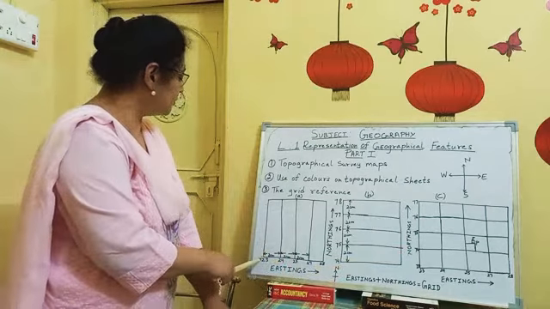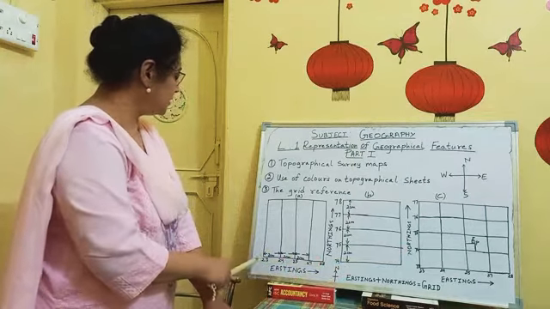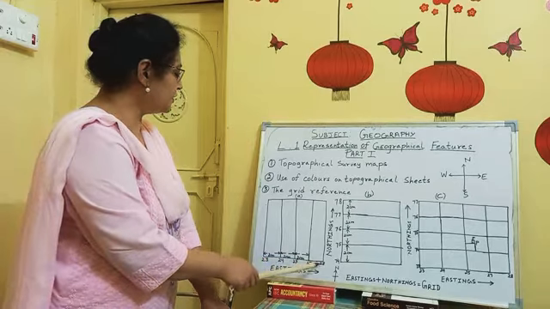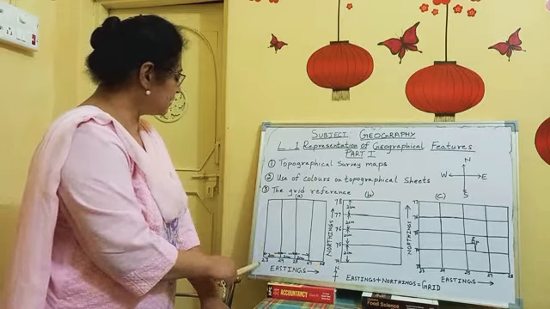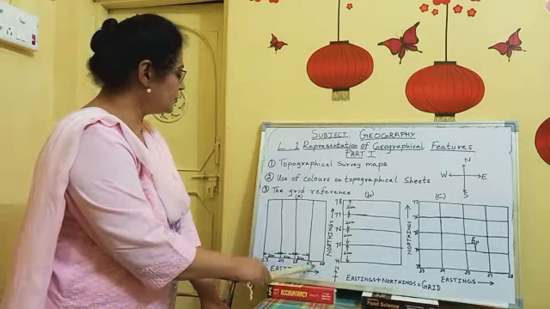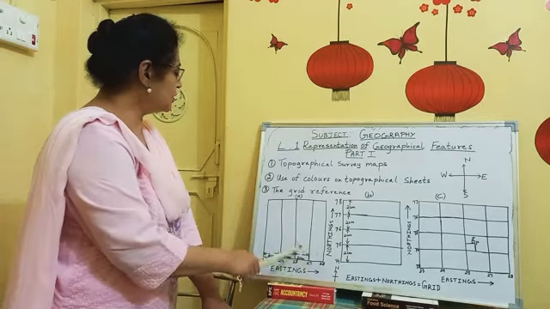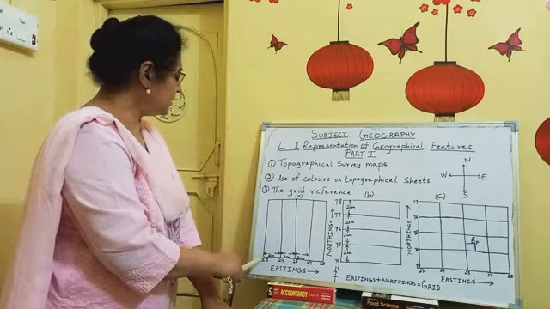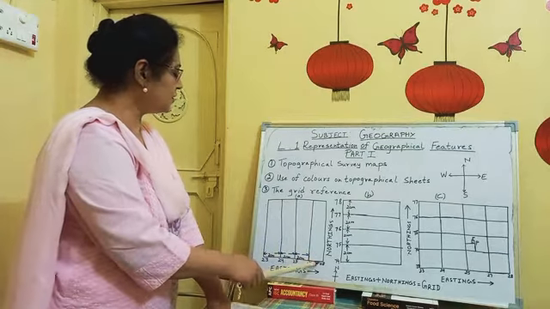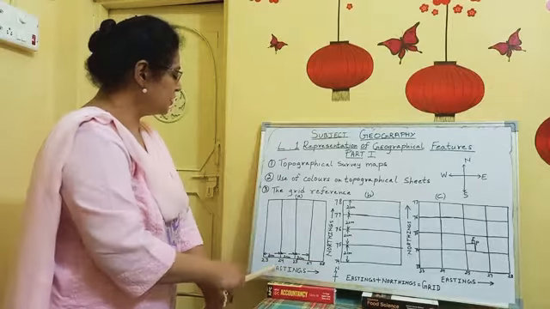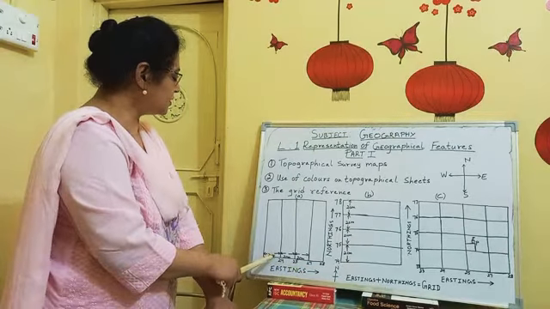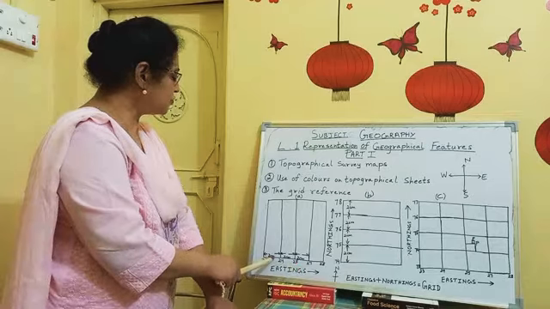The numbers you can see are 23, 24, 25, 27 and then 28. It is starting from the west and it is going towards the east. So these are the vertical lines, and they begin from the west and go towards the east. So this is known as eastings.